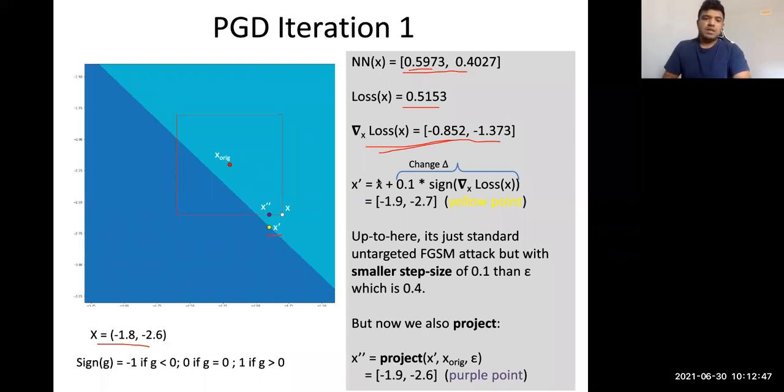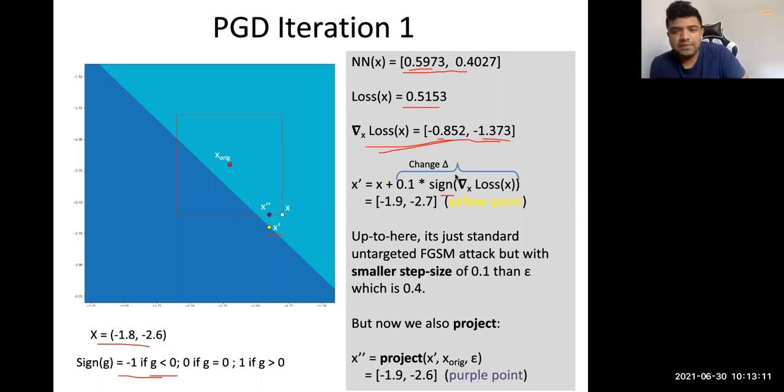Last week we saw that if the sign of the gradient is less than 0, we take it as -1. If it's 0, we take it as 0. If our gradient is more than 0, we take it as 1. For this instance, both values are negative, so we get -1 for both of them.